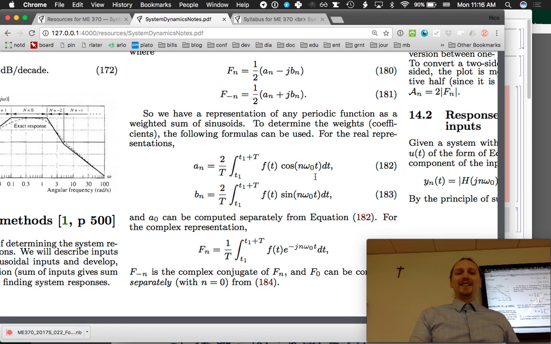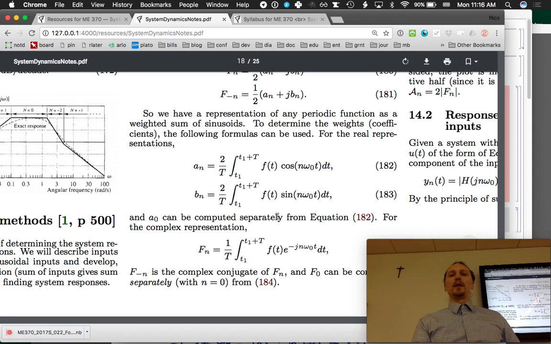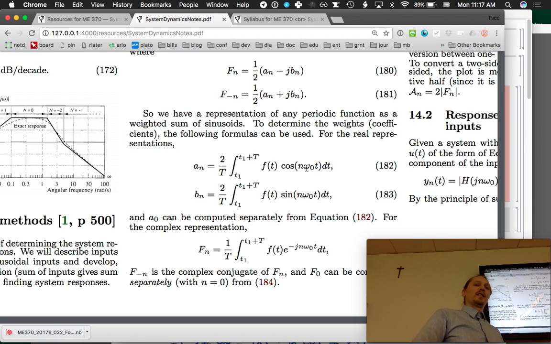But this is the result, that you can compute these coefficients using these formulas. And A0 can be computed separately from equation 182. If you plug in n equals 0 here, then cosine of 0 is 1, and you have to integrate over f of t by itself to find A0.